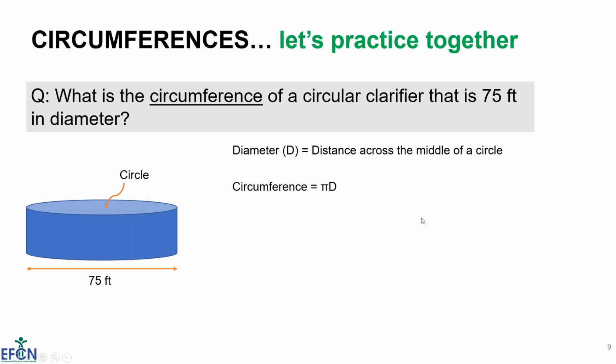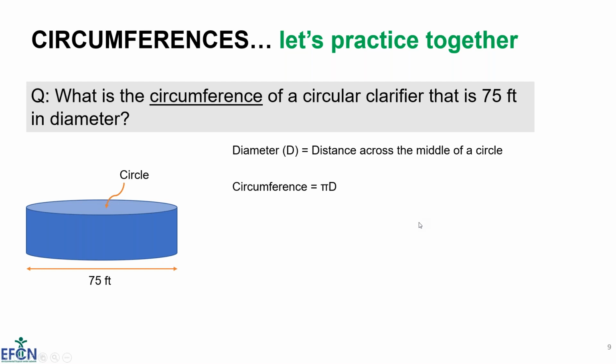Now let's take a look at a problem that expresses circumference, which is the distance around a circular object. What is the circumference of a circular clarifier that is 75 feet in diameter? Now, diameter is one of those terminologies you need to be familiar with, and this is the distance across the middle of a circle.